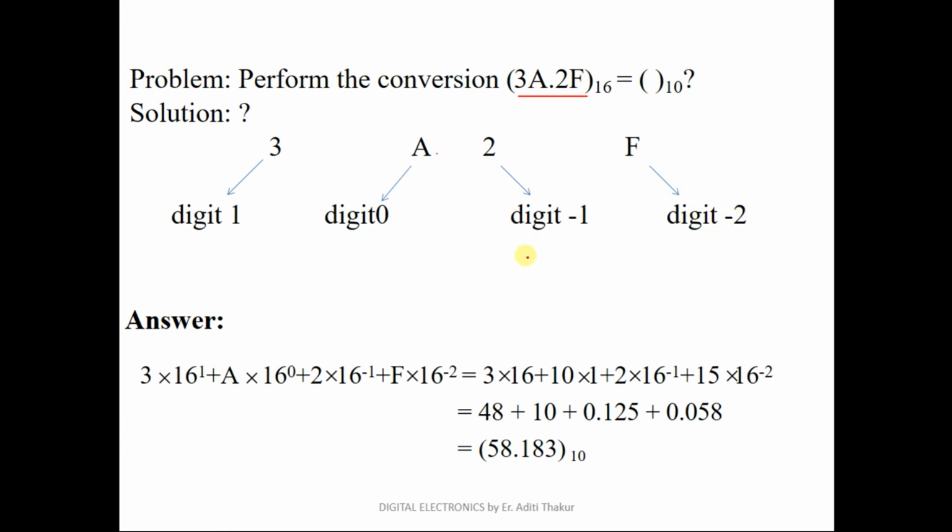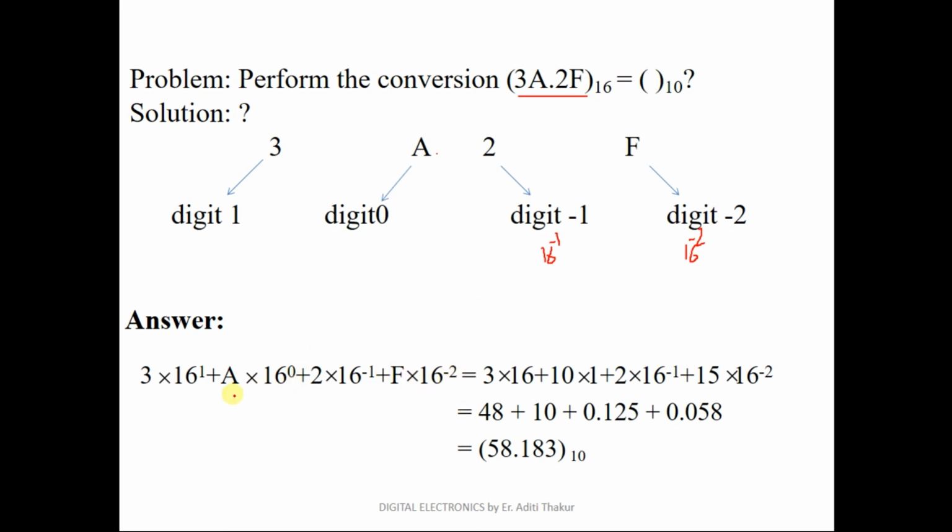So it will go like 16 raised to the power -1 and 16 raised to the power -2 and so on. So we'll get 3 into 16 raised to the power 1, A into 16 raised to the power 0, 2 into 16 raised to the power -1, F into 16 raised to the power -2.